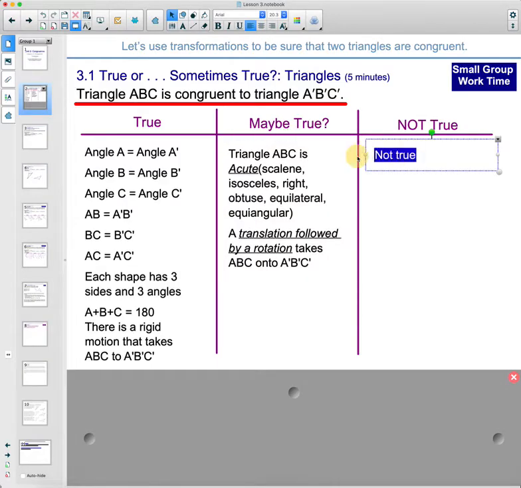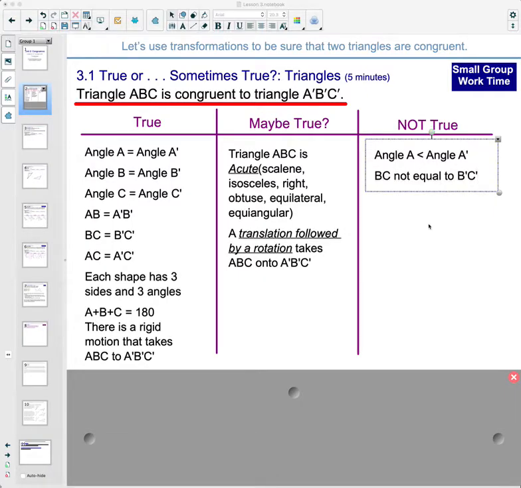So what things are definitely not true? Things that would mean that these aren't equal. We know A and A prime are equal, B and B prime, and so on. So if you said angle A is less than angle A prime, that certainly cannot happen. Or something about the sides: BC is not equal to B prime C prime.